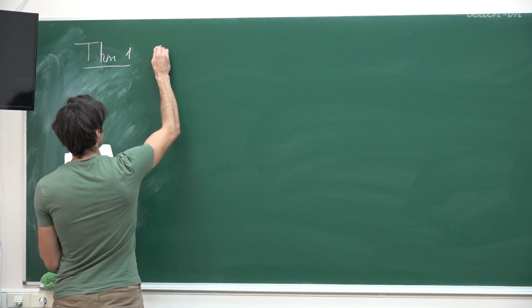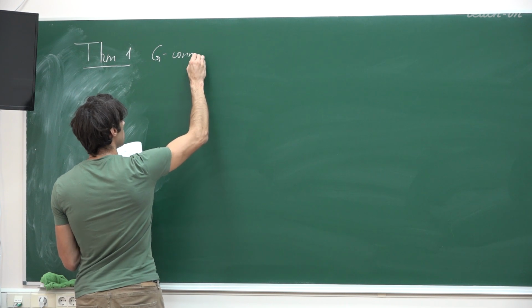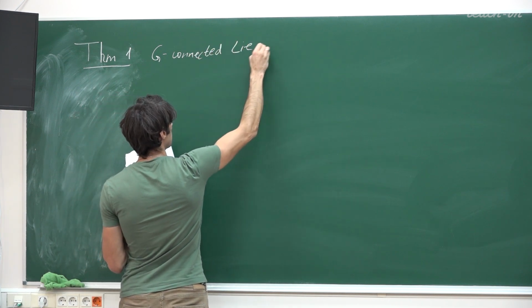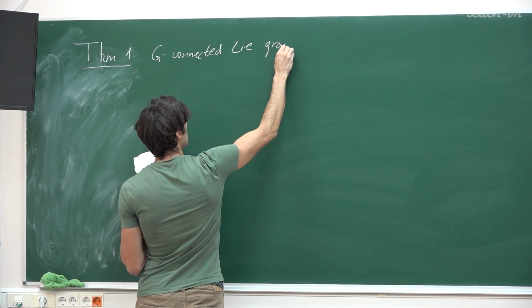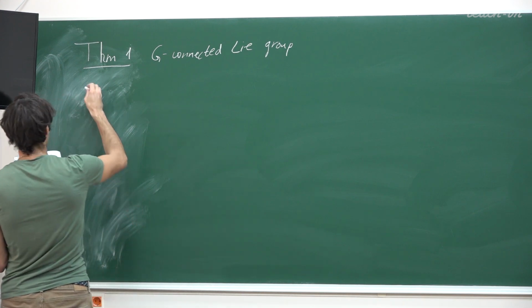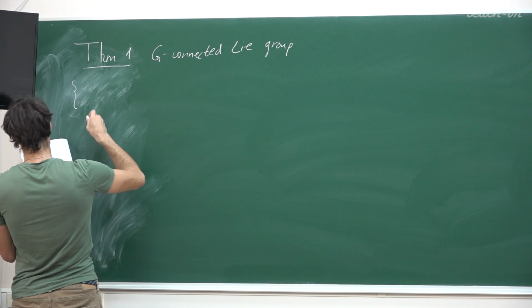So let me have a connected Lie group G. And then I have 2 sets.